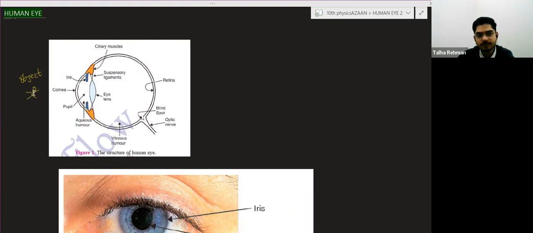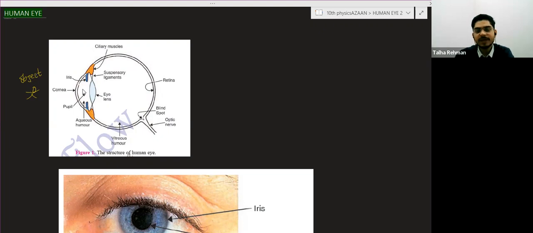So from this object, light rays will enter the eye through the cornea, and the outer surface of the cornea is convex. So some refraction or converging of light rays will take place.